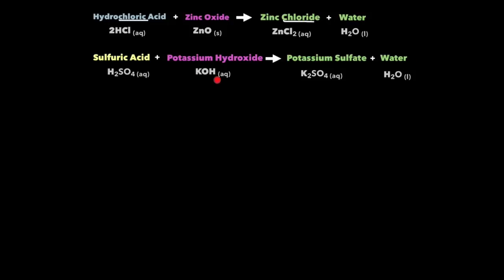Here's the chemical symbol equation again. So H2SO4 for sulfuric acid, KOH for potassium hydroxide, and potassium sulfate here, and water here. Again, look at the state symbols. You'll notice this time that I've written aqueous by this compound here. That means that the potassium hydroxide has been dissolved in water, so it's in solution here.